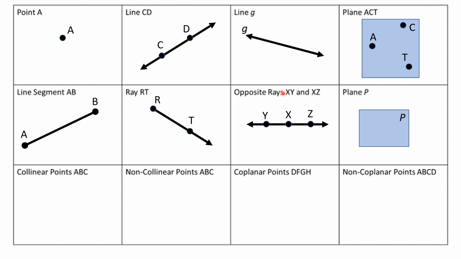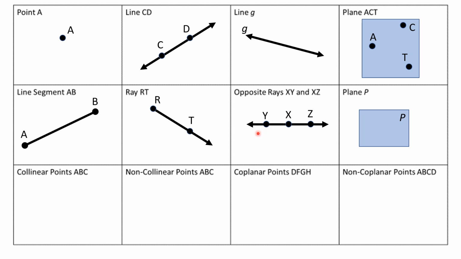Here we've got opposite rays XY and XZ. Now you're going to have to think about this one for a little bit. XY is a ray. We're starting at X, passing through Y, and XZ is a ray starting at X, passing through Z. We call these opposite rays because they are extending in opposite directions of each other.